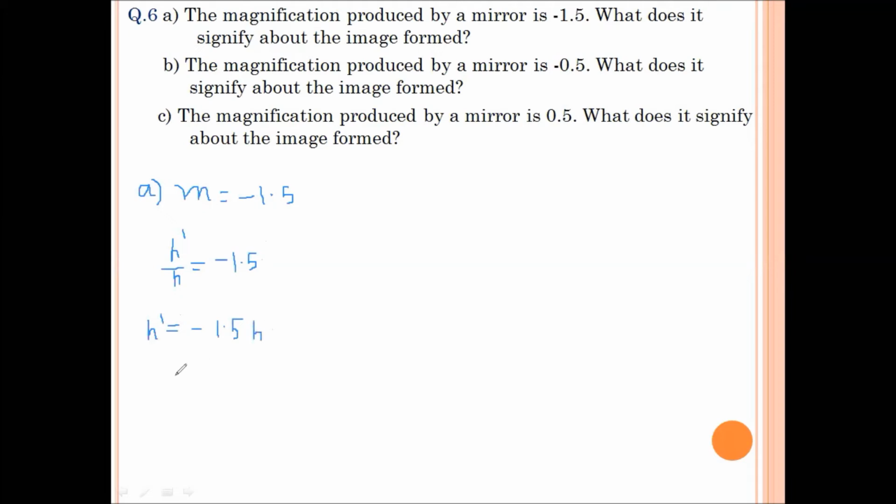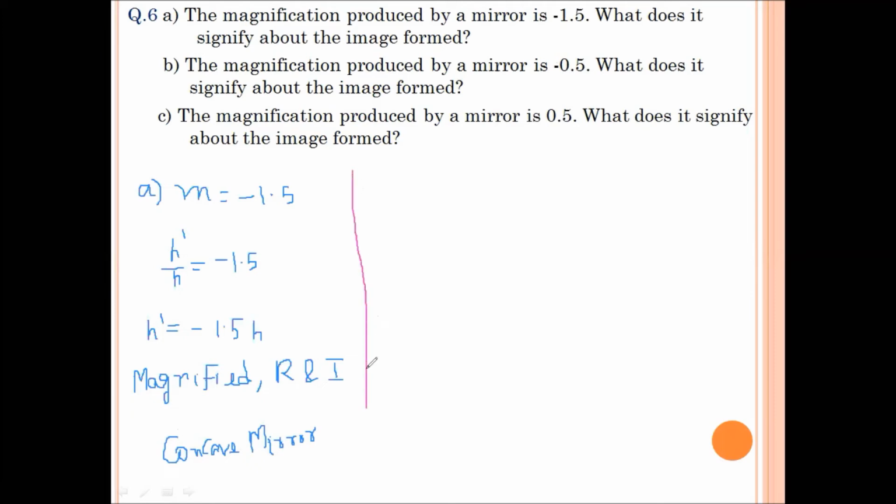So we can see the image formed is greater than the size of the object. So a magnified image is formed. And the negative sign denotes here that the image formed is real and inverted. So this type of image is formed by a concave mirror.